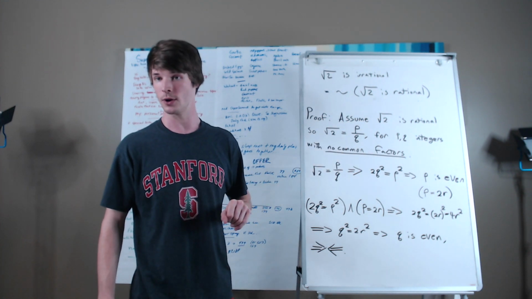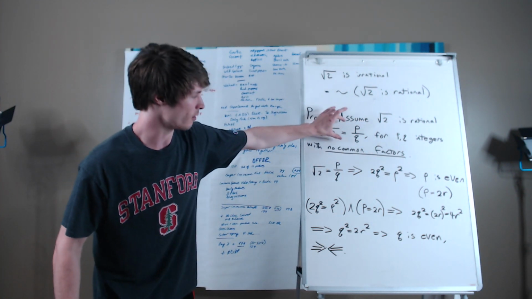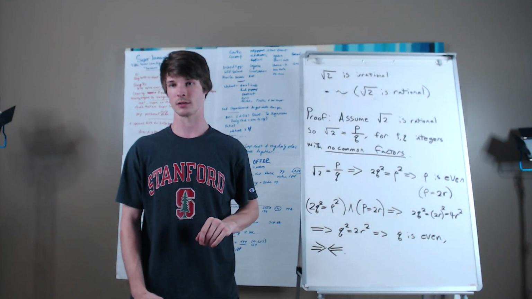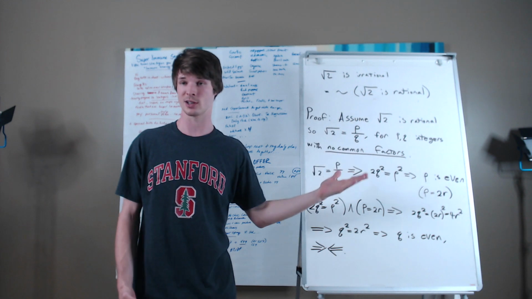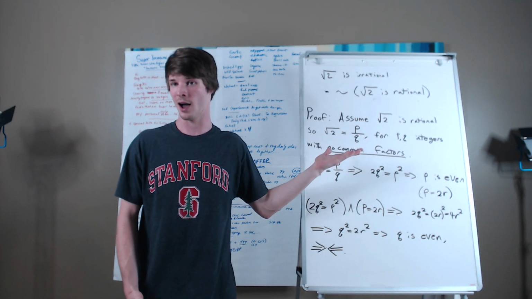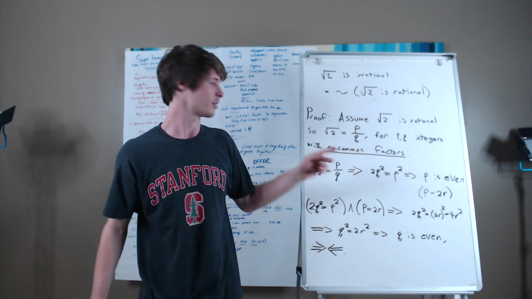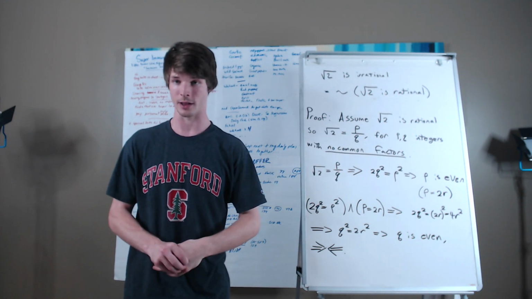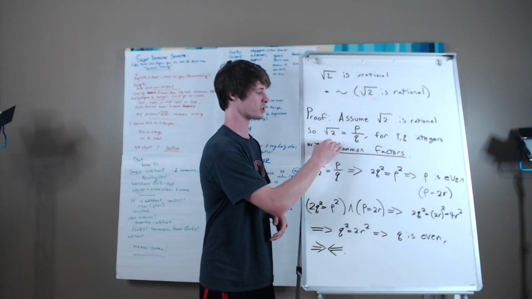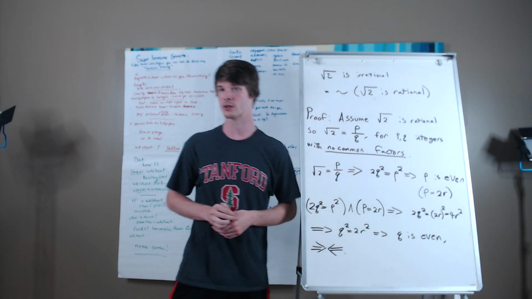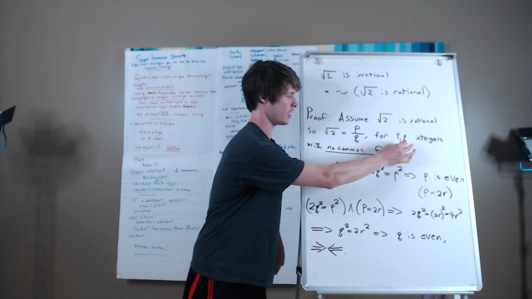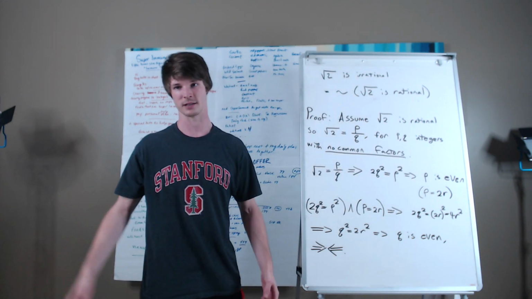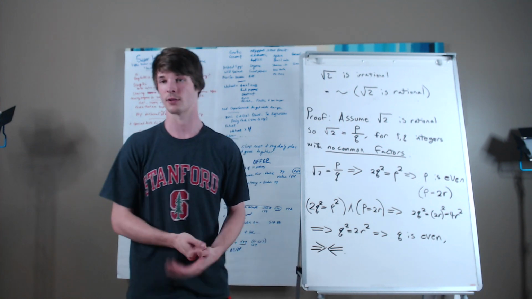I'm specifically going to choose the p and q which makes this fraction the smallest, the one where they have no common factors. Because if this fraction exists, if I can write down the square root of 2, then I can always just remove the common factors from both the top and the bottom, if there are any. So I'm just going to assume that I've already done that, and we're going to proceed forward with this fraction representation for the square root of 2, where we know that the integers p and q are relatively prime to one another. They don't have any factors because I've already done the simplification step, so this fraction is as small as possible.